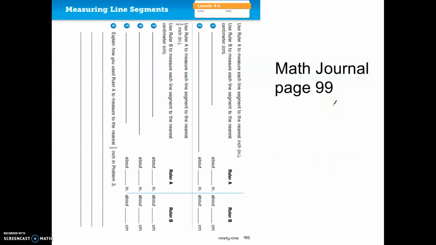Now I know this is sideways, and that's okay. It's in your math book sideways. So you're going to turn to page 99, and you're going to use ruler A, and you're going to measure these first 2 line segments to the nearest inch, all right? And then you're going to measure those same 2 line segments with ruler B and measure them to the nearest centimeter and write those measurements down.